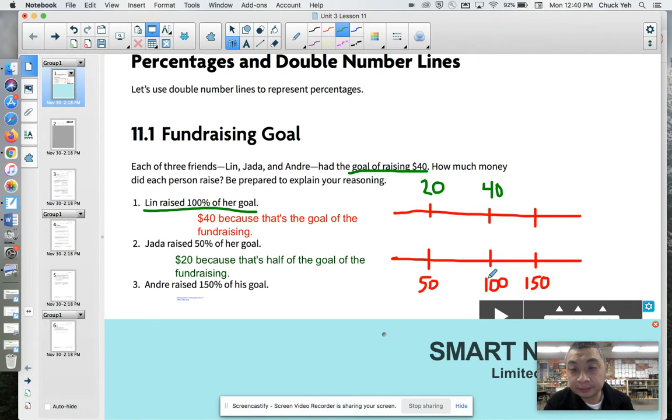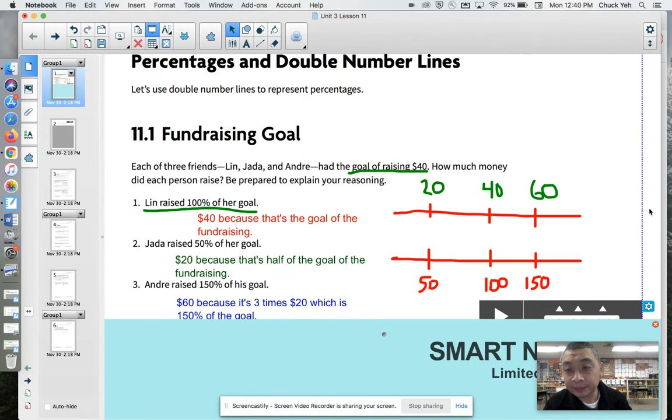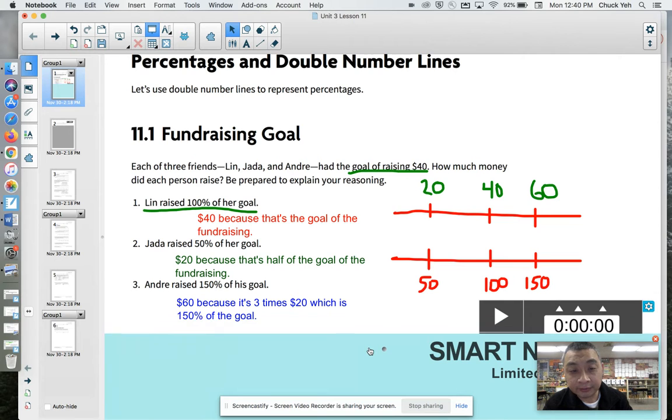And what do you get? You got it. $60. And that's what this says. $60 because it's 3 times 20, which is 150% of the goal. Okay? That's 11.1.